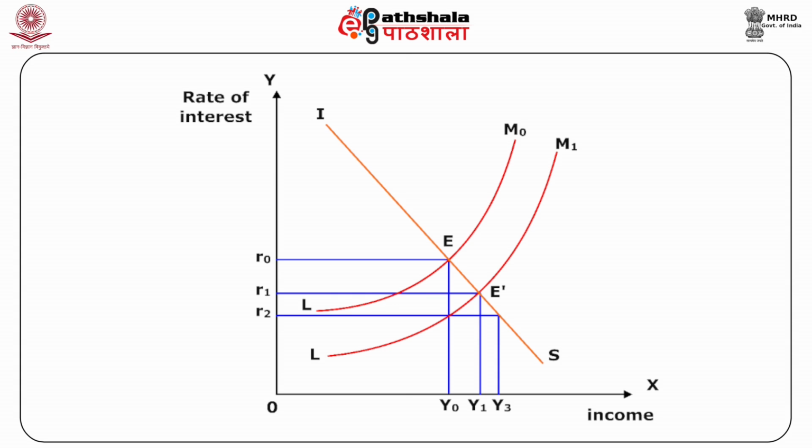If it is Y3, then there is some kind of excess supply in the product market, and this is known as full expansionary income. But because this excess supply is not sustainable in the product market, the economy moves along the IS curve upwards till it reaches an equilibrium at E prime.